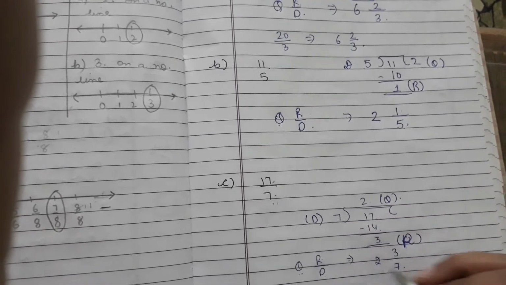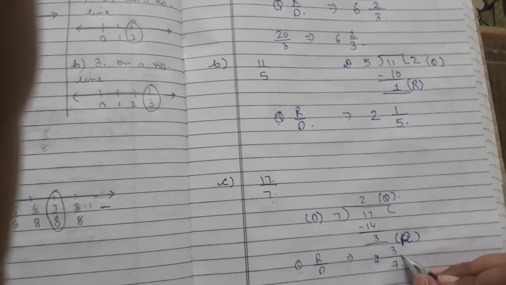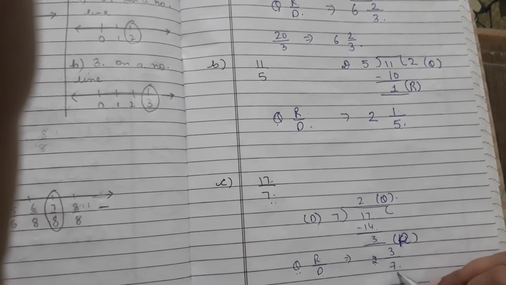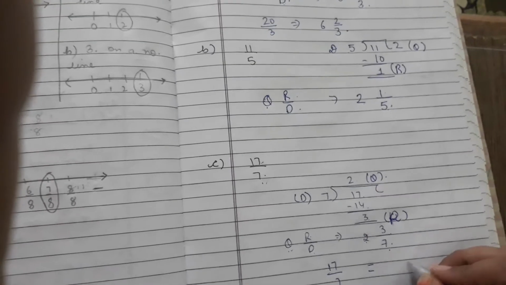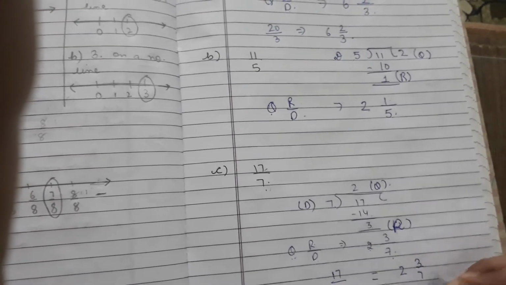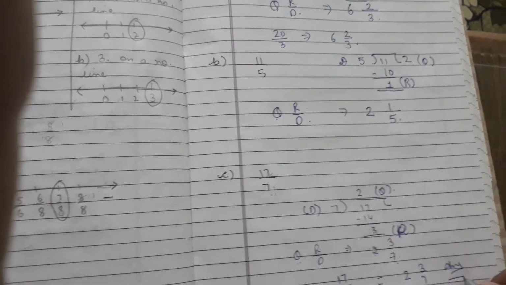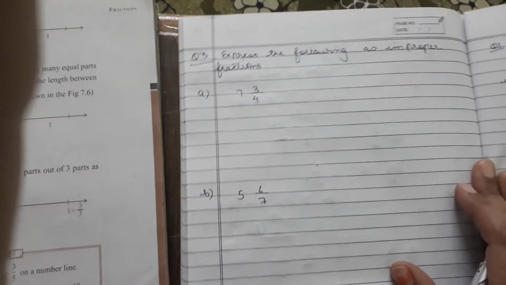So in the place of Q we will write 2, in the place of remainder 3 and 7. So 17 upon 7 becomes 2 3 by 7. So this is our answer.